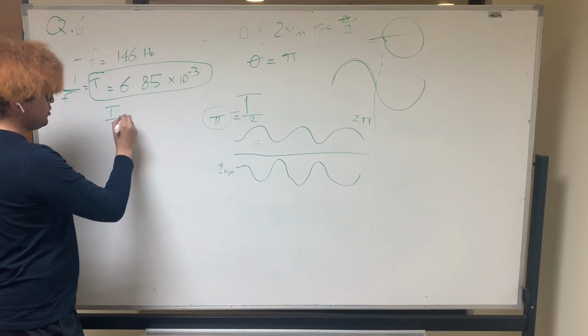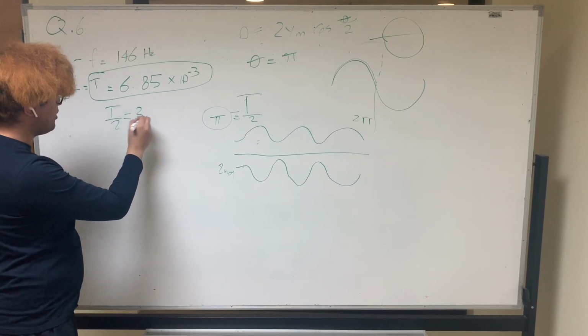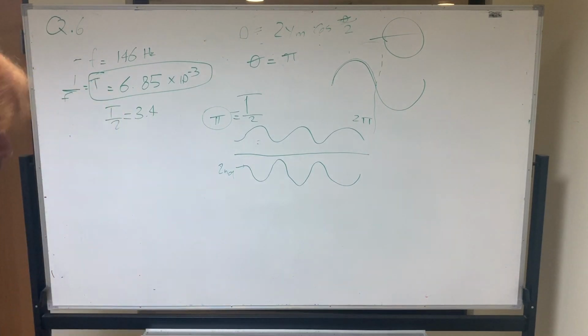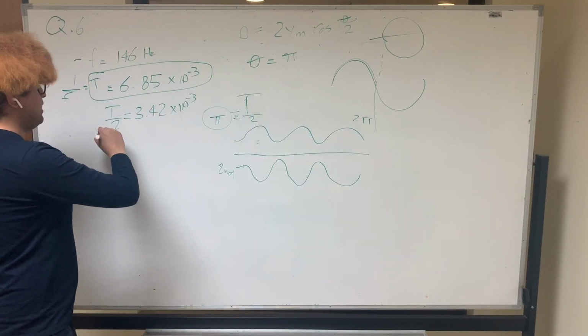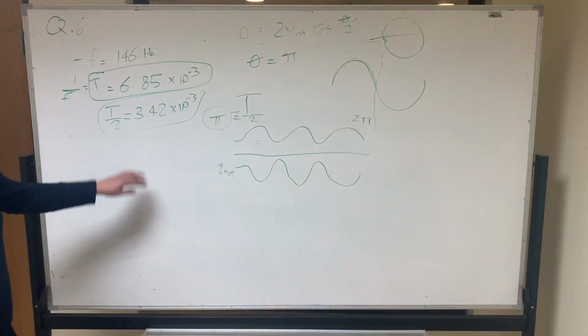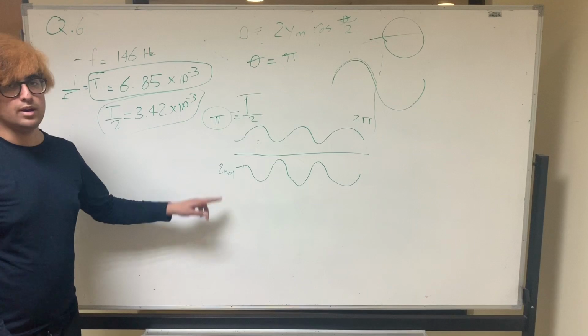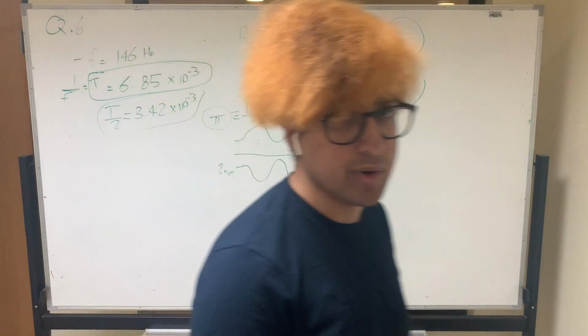So the period over 2 will be half of this number, which is going to be 3.42 times 10 to the negative 3. And that's your answer. That is the time required to wait, after which you can drop the second stone, which will destructively interfere with the first one.